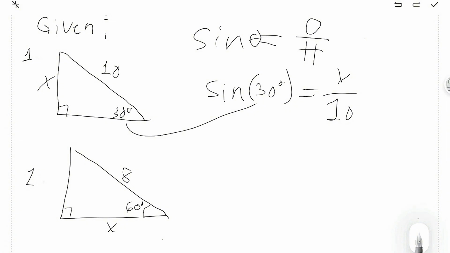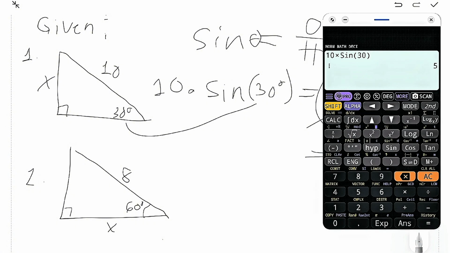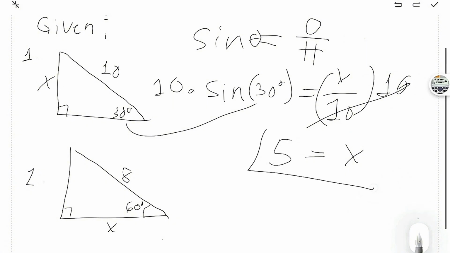Then we multiply both sides by 10, and the 10s cancel out. Then we are going to use our calculator. So here 10 times sine 30 is equal to 5. So this is our answer: the opposite side is 5.